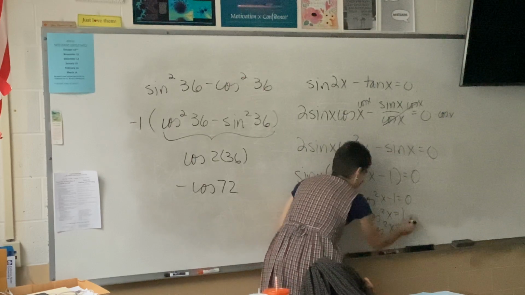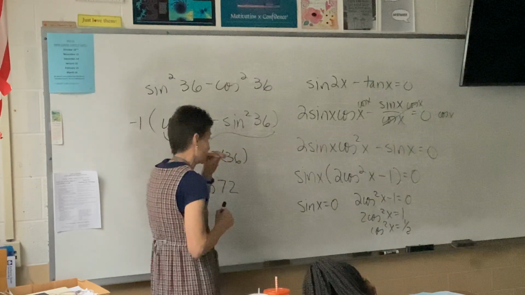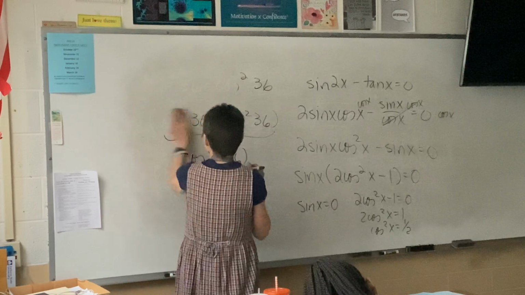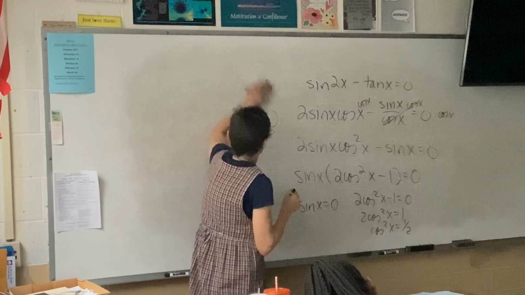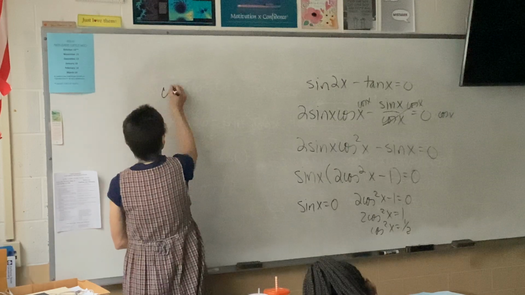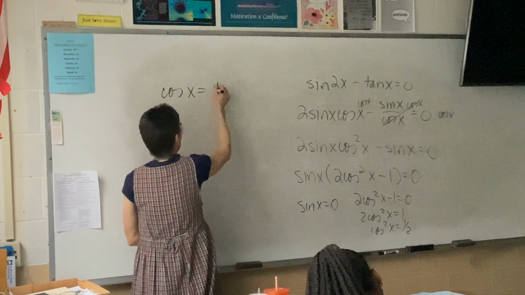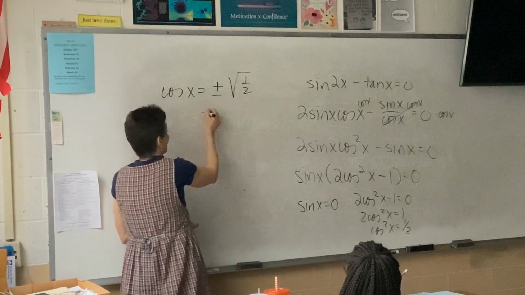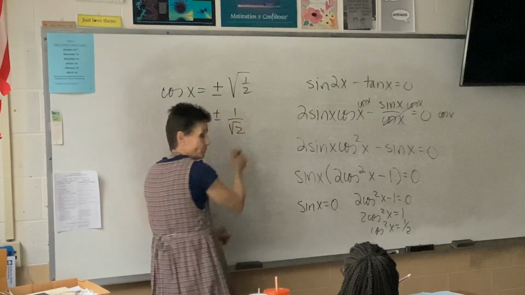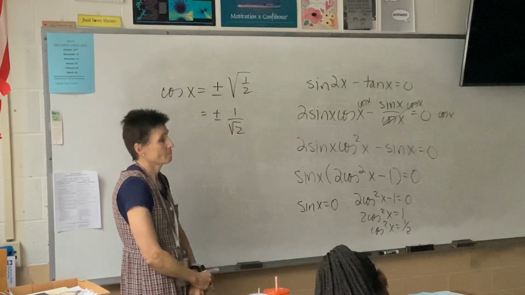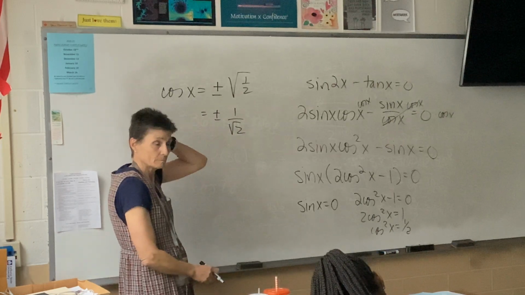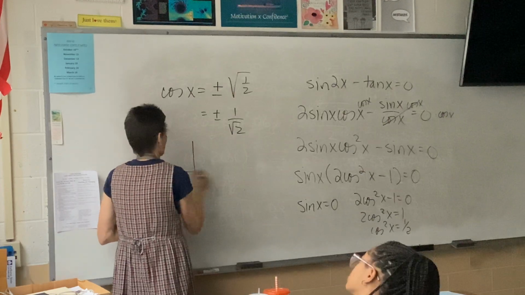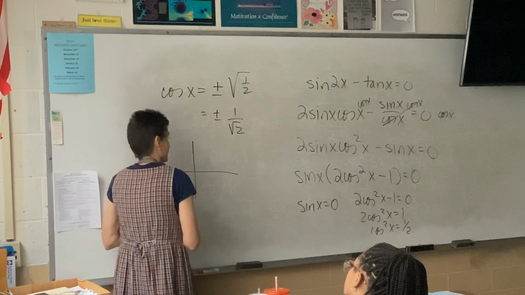Cosine squared equals 1/2, and what do I do with that? Square root it. So cosine is going to equal plus or minus the square root of 1/2, which is 1 over root 2. Cosine plus or minus? Everywhere.